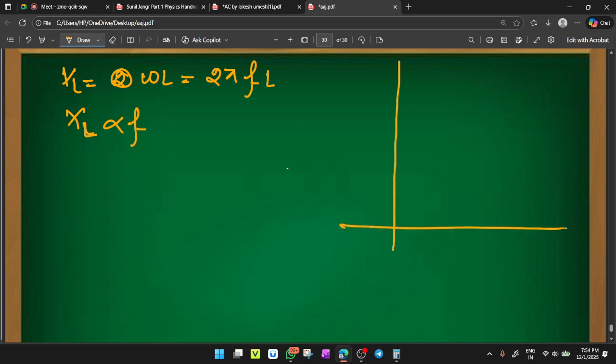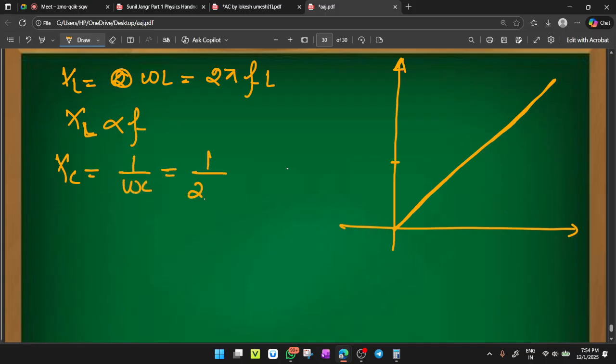So if you draw a graph starting from zero frequency, there will be a graph starting from zero. So this is the graph for XL and frequency, right? On the other hand, XC equals 1 upon omega C, equals 1 upon 2 pi F C. So XC is inversely proportional to F.